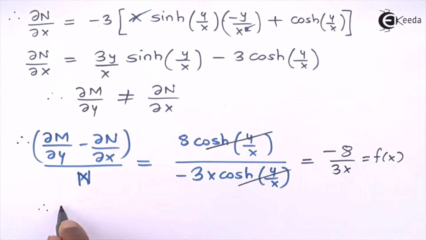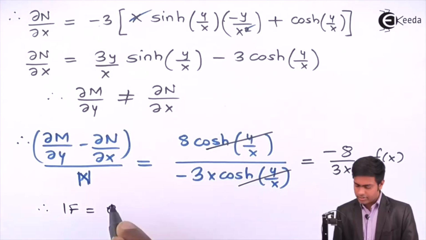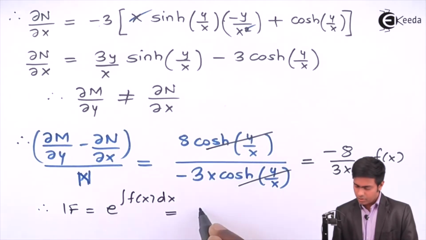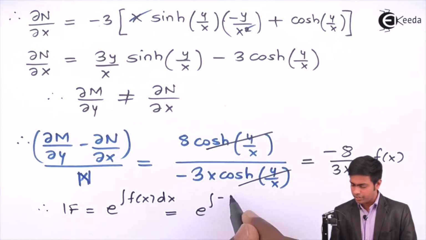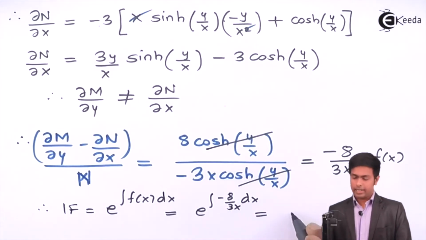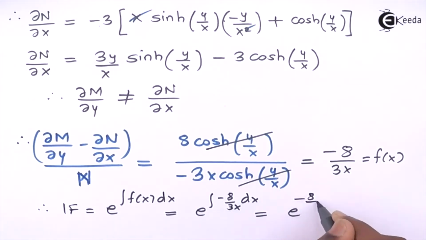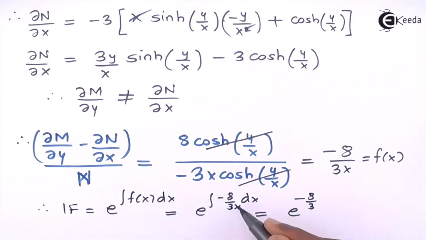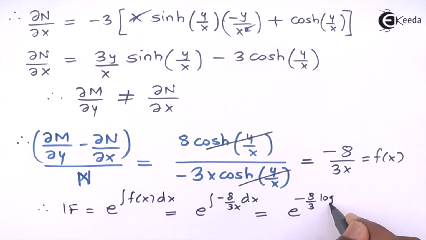So therefore we will say the integrating factor is e raised to integration of f(x) dx, which is equal to e raised to integration of minus 8 upon 3x dx. So I can take this minus 8 upon 3 outside and the integration of 1 upon x is log x. So this will become e raised to log of x raised to minus 8 upon 3, and then e and log will be cancelled.